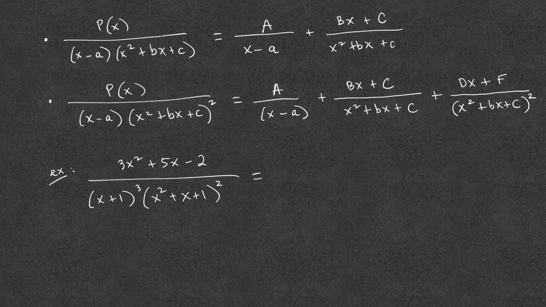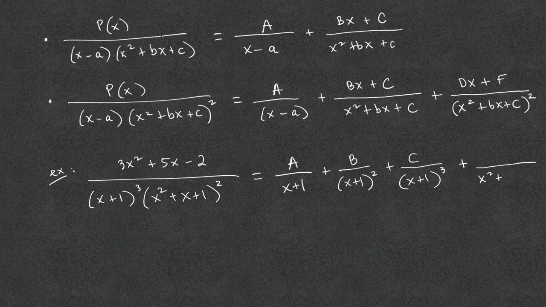Thus, this is being decomposed as A over x plus 1 plus B over x plus 1 squared, increasing the exponent by 1, plus C over x plus 1 cubed, 3 terms for x plus 1, plus we move on to the irreducible quadratic factor. The numerator must be linear, but we used the letters capital A, B, C already.